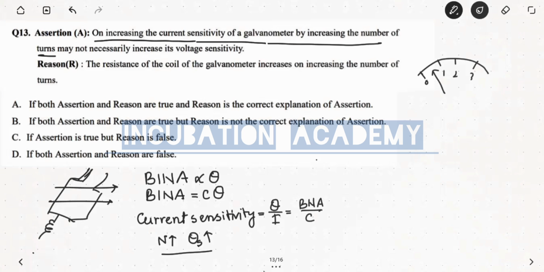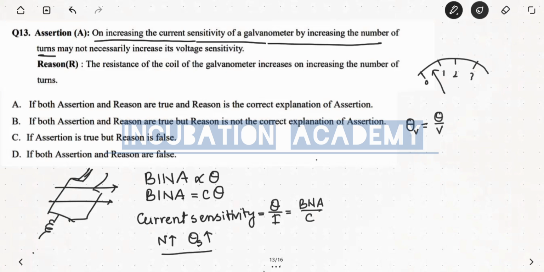Similarly, if you define voltage sensitivity, we can say that is theta V, defined as theta divided by V. That is, if you change by unit voltage, what is the deflection of the pointer on the dial?